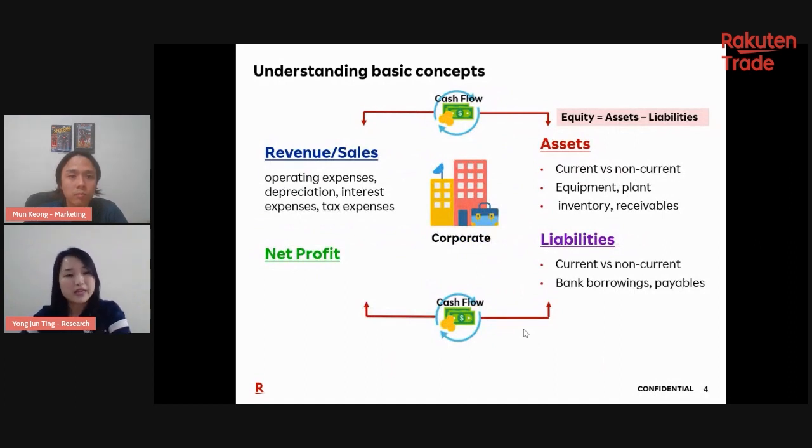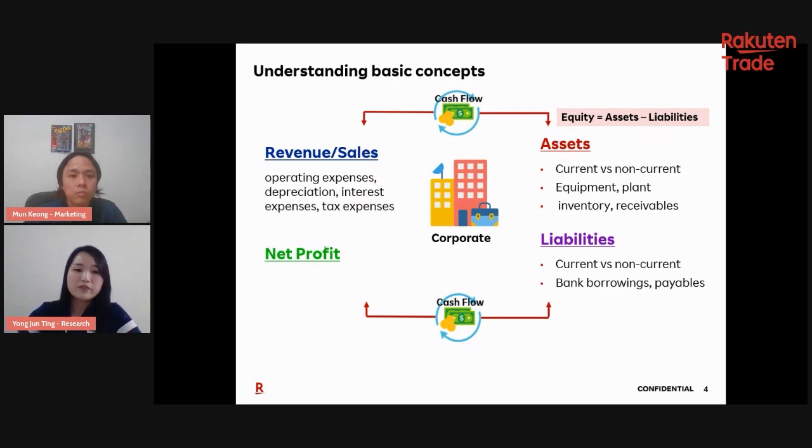Now you have new things like revenues, which is the money that you receive through the selling of your products or goods to your customers. And to run your business, you need expenses: staff costs, administrative costs, depreciation, interest expenses, tax expenses, and then it comes to a profit.